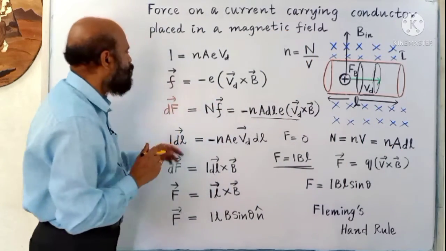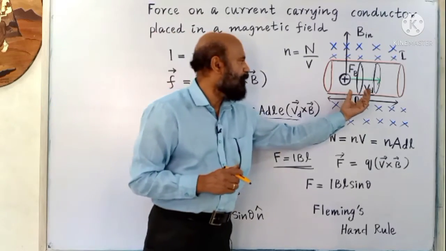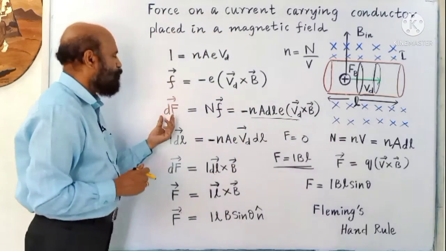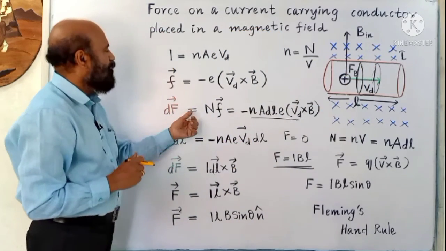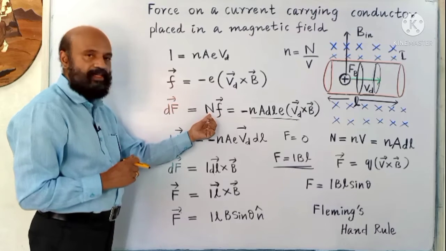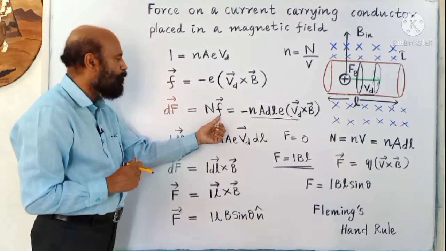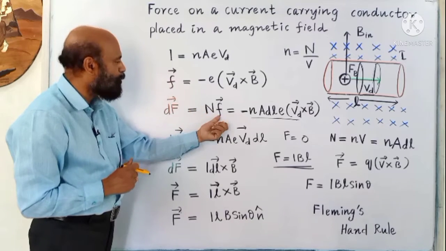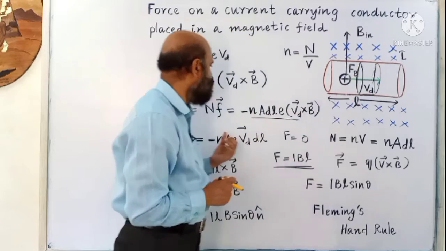Then we know the force on one electron. So the force experienced, dF, in this small volume is N into F, where N is the number of electrons and F is the force on one electron. When you multiply, you get the force experienced by this part.